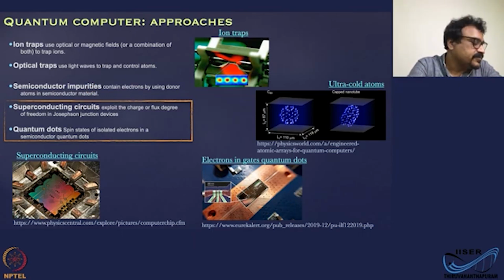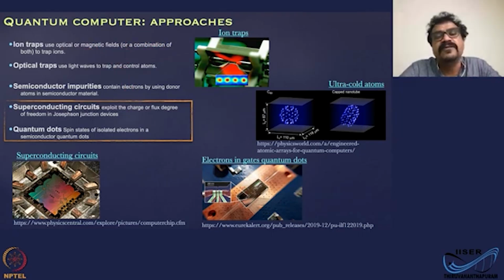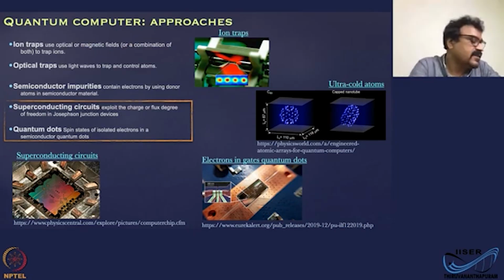I would say the first three, the ion traps, are the ones which are making a lot of progress now. But this third one I mentioned because it's a solid state system and quantum transport is a solid state phenomenon, but that is not really making much headway or progress. I would say the ion traps are pretty promising at this point.